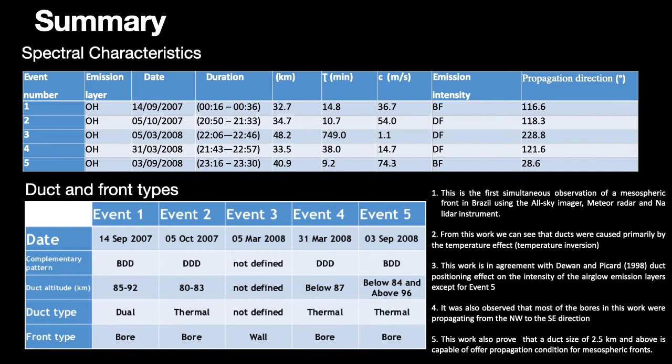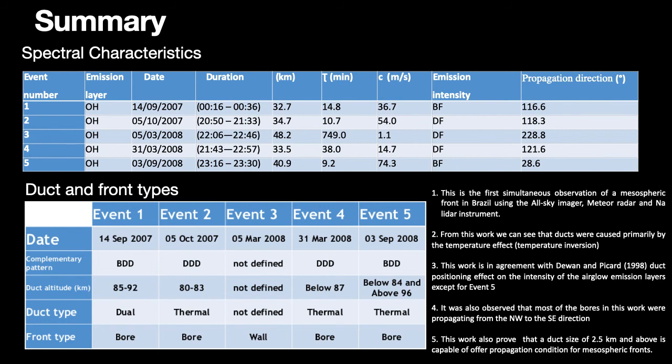As a summary, we have the spectral characteristics of the gravity waves, the trailing waves, calculated from the spectral analysis. Most of the wavelengths were located between 30 and 48 kilometers. We have some periods that vary a lot, from a few minutes up to 700 minutes.